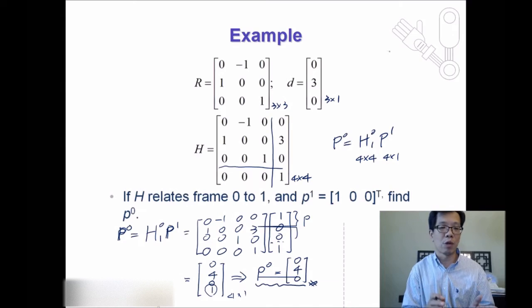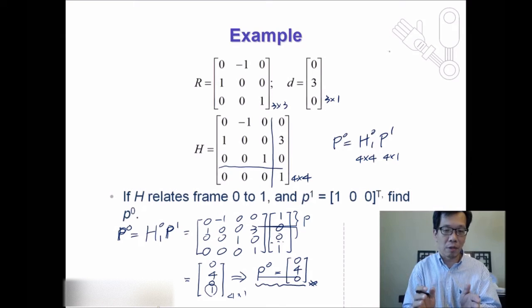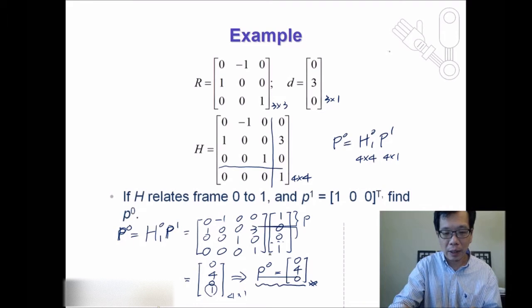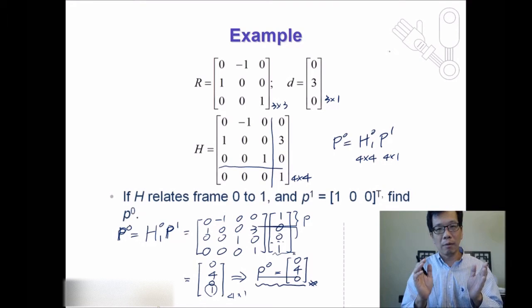So if you have a transformation, you have rotation and linear translation in your system, then you synthesize a matrix which is 4 by 4. But we do need to have an additional component as a fourth component in our vector. We always use 1. So when you synthesize something like this, we multiply that by our transformation matrix.